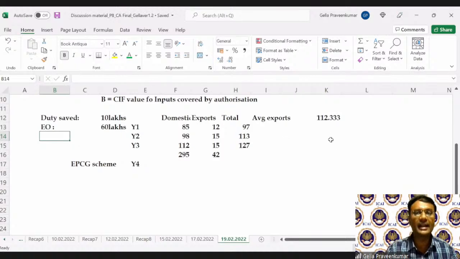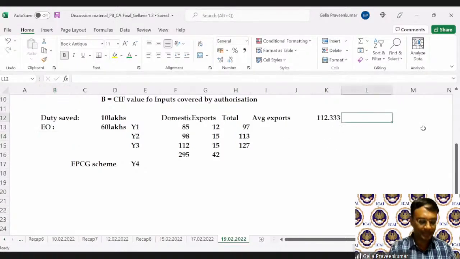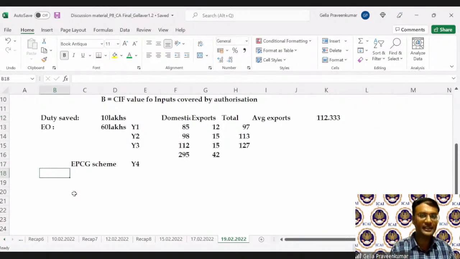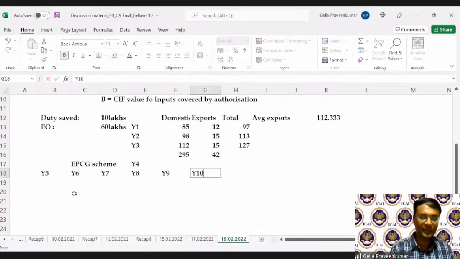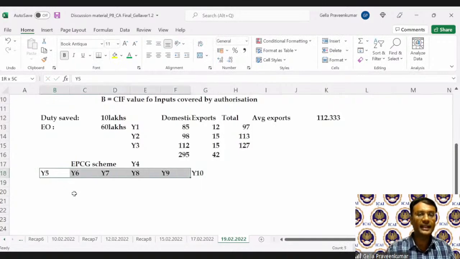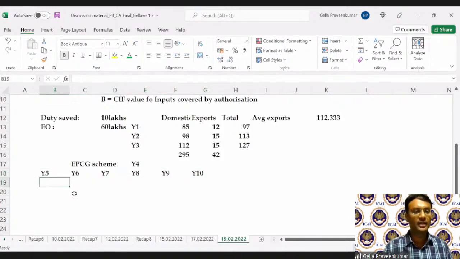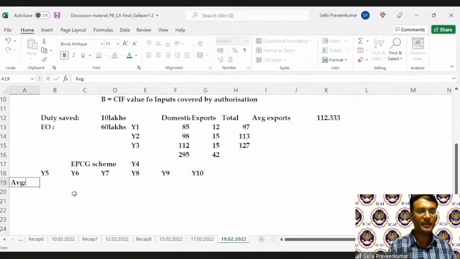So the government says that, look, in a spread of 6 years, that is year 5, year 6, year 7, year 8, year 9, year 10, when I look into this export obligation period, Namita, your average should be maintained at 112 lakhs.